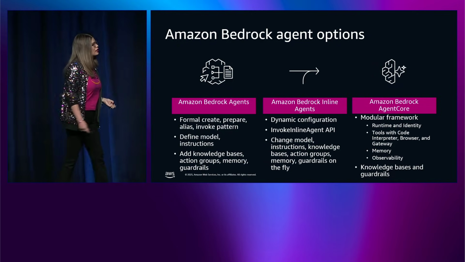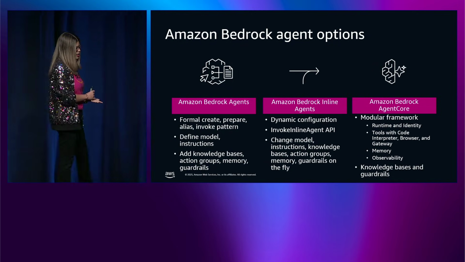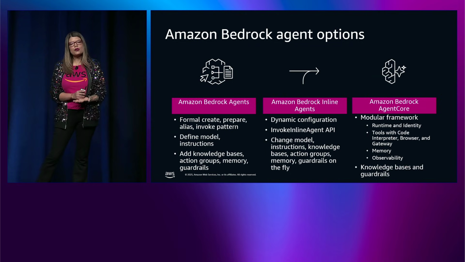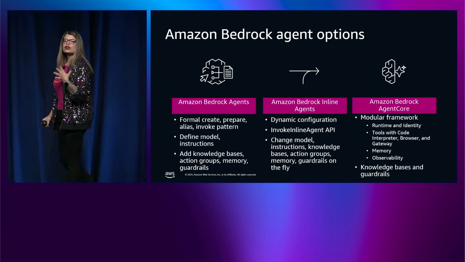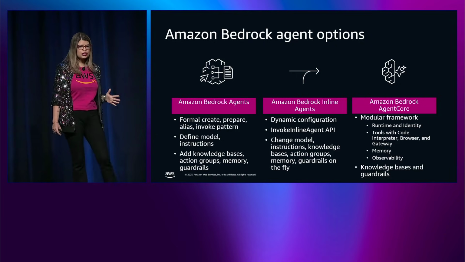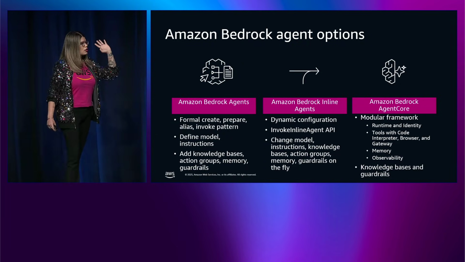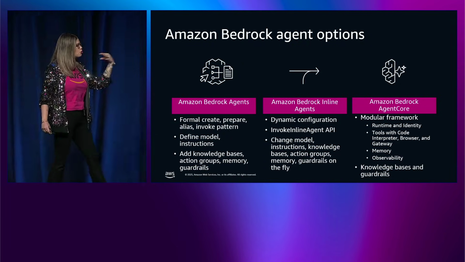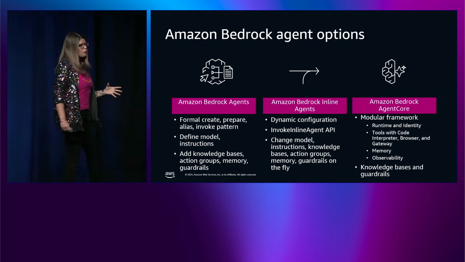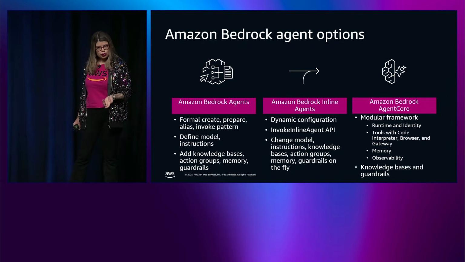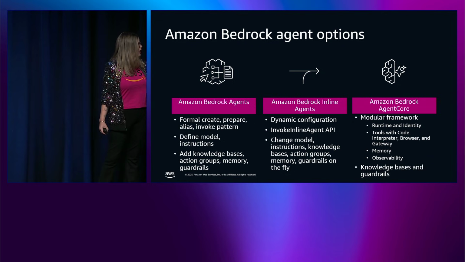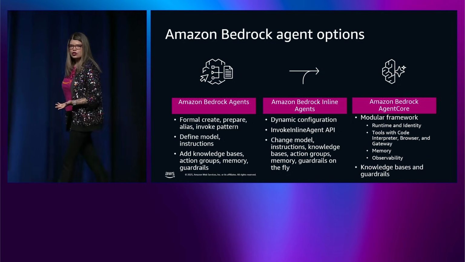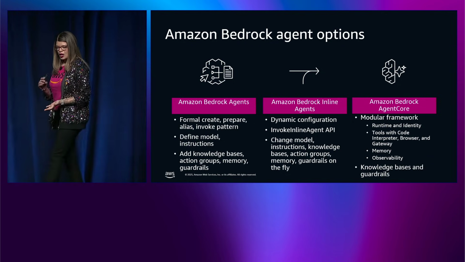The next one, the inline agents. Here the configuration is dynamic. So in every single invocation, we are going to change the parameters: the model, the instructions, the knowledge bases, so the data that we're going to use to solve a specific case, and the actions with the external APIs.